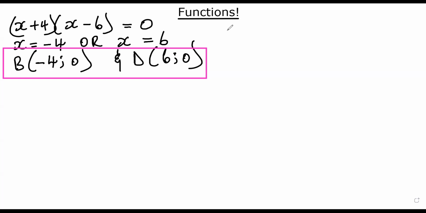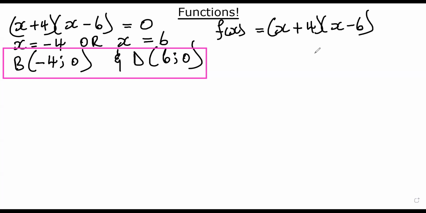So remember that our function is given to us in factored form. It's x plus 4 times x minus 6. But we can't find the coordinates of the turning point as long as it is in factored form. So we need to expand this function. Of course, we are going to expand by using the FOIL method.